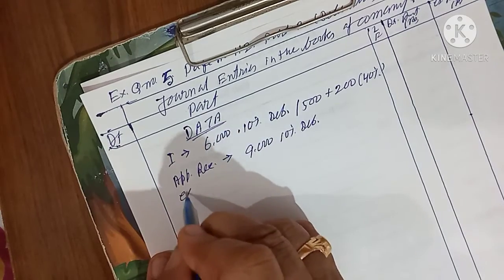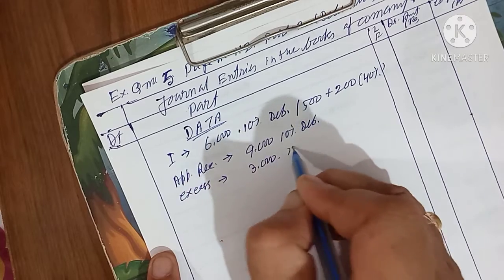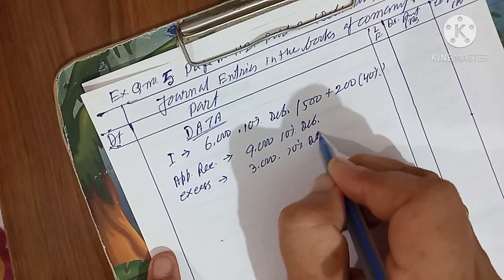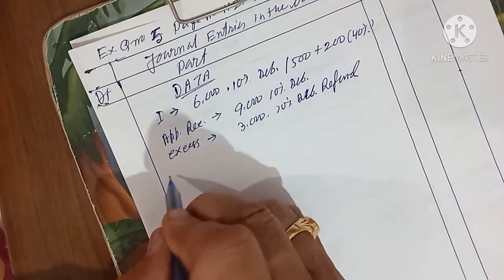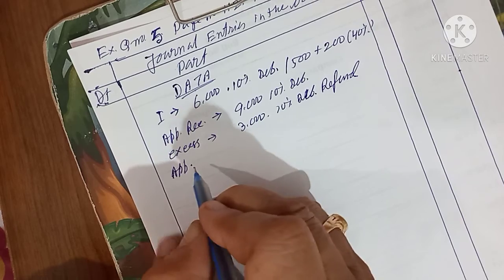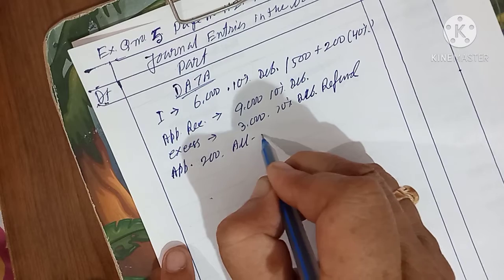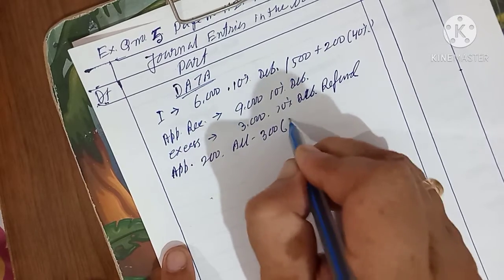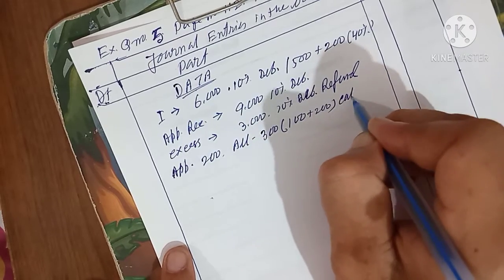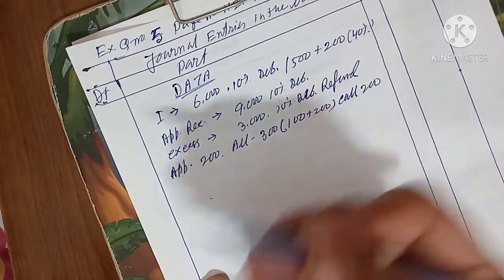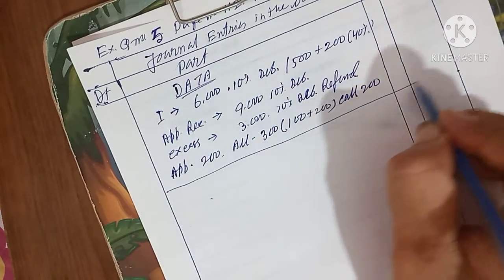So excess, how much? 3,000 10% debenture, that is refund. With applications 200, with allotment 300, but within brackets you write 100 plus 200, and call it is 200, and the company received all the money from all the shareholders.